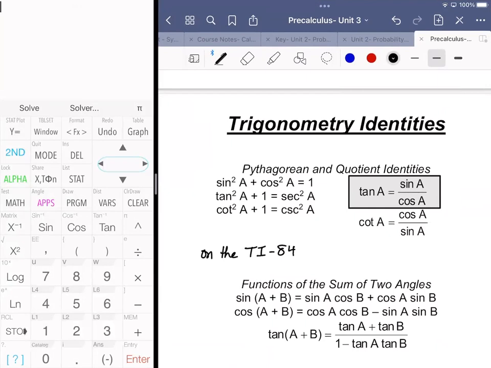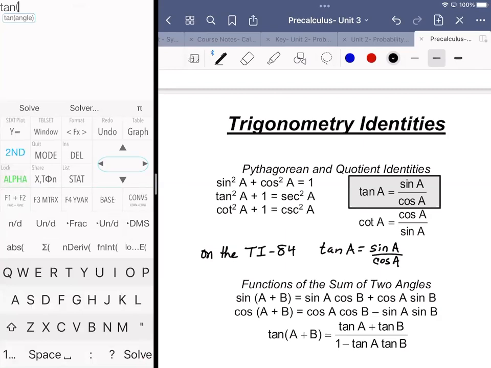let's say I wanted to focus on tangent of A is equal to sine A over cosine A. I would actually just type that in. So I'd hit, oh, I hit parentheses accidentally. Tangent.